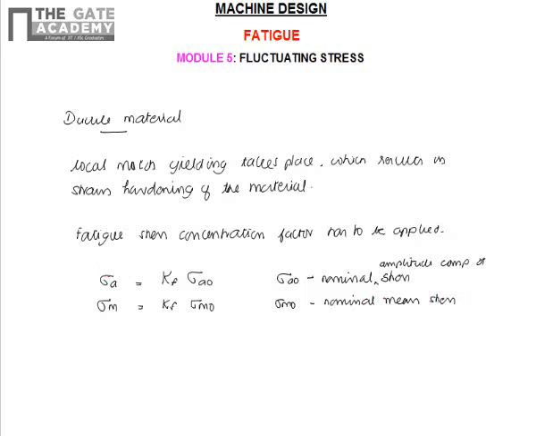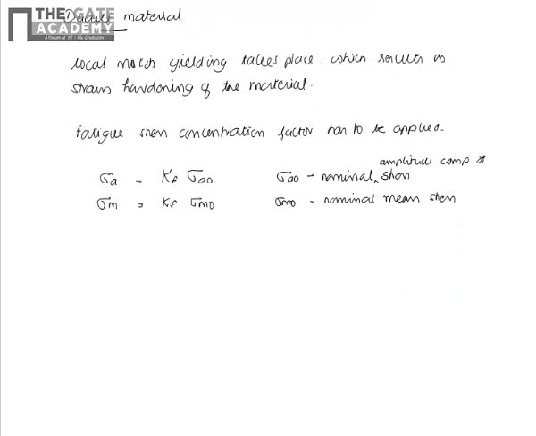So this is when the stresses are much below the yielding. Even if we have a stress concentration, if the stress values are less than the yield, then the stress concentration factor has to be applied for the amplitude component as well as the mean component.